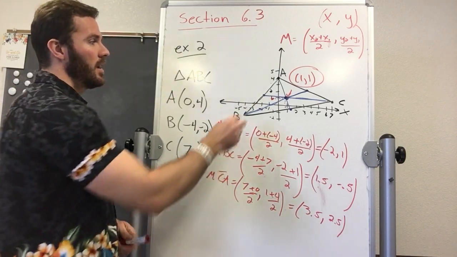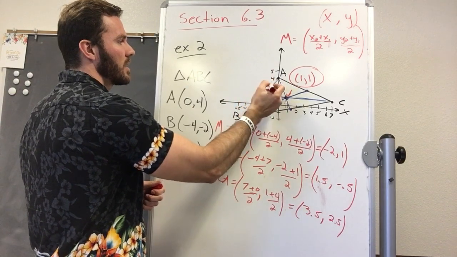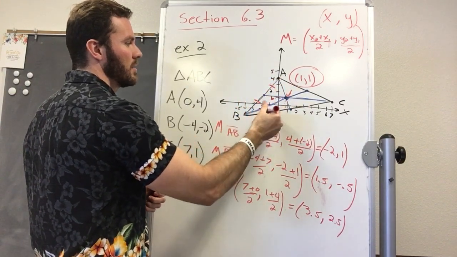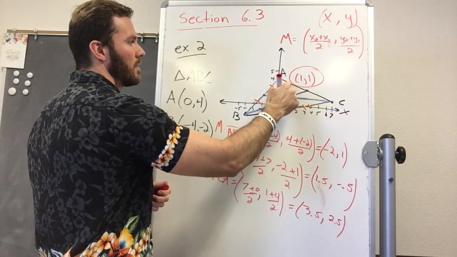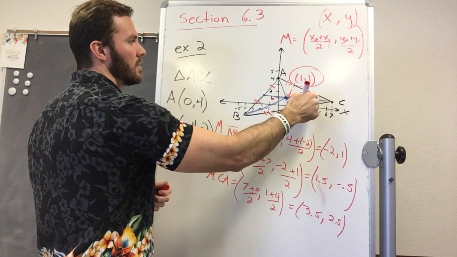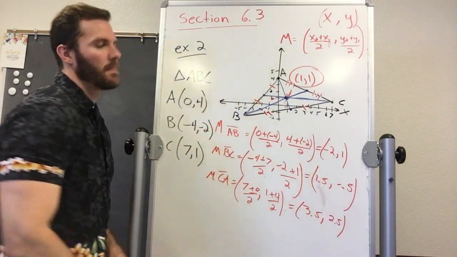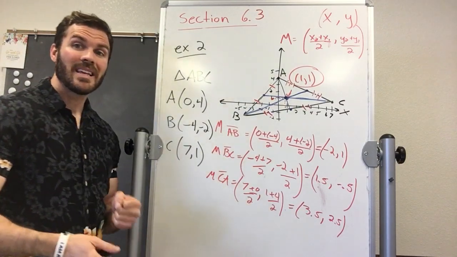These segments are congruent to each other because I cut them in half, and these are congruent to each other, and these are congruent to each other. All right. Good luck. If you have any questions, please ask me.